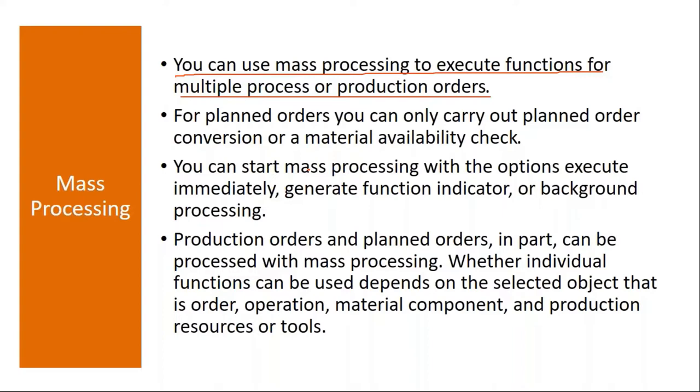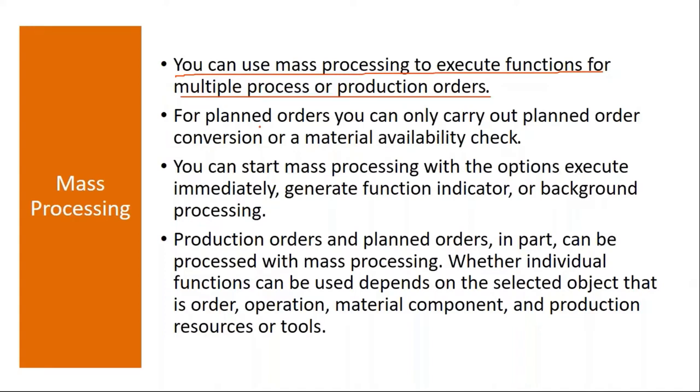Instead of converting one planned order to a production order at once, you can take multiple planned orders and convert them to production orders at once. Same way, let's say you have 10 production orders. Instead of releasing one production order at a time, you can release multiple production orders at once through mass function.